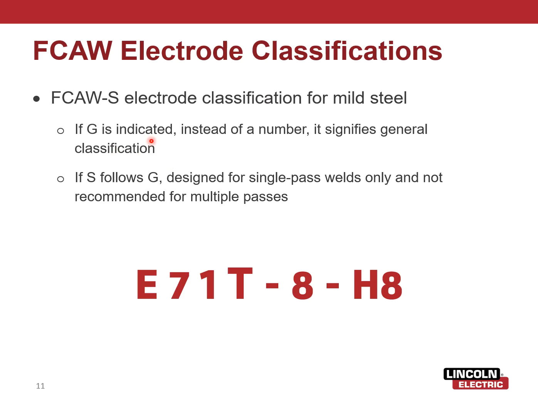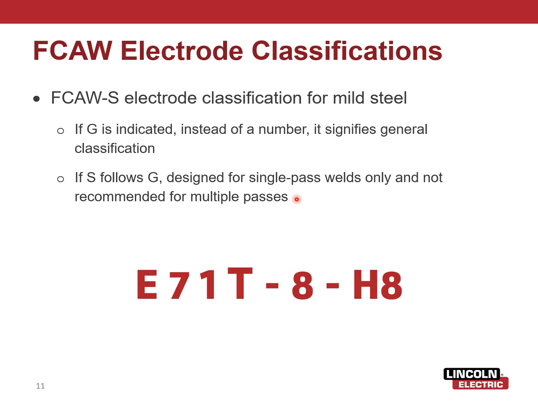If a G is indicated instead of a number, it signifies general classification, which is a broad classification. If an S follows the G, so it might be a GS, that is designed for single pass welds only. Only single pass welds. Some of these wires have a heavy amount of flux or they're large diameter, and some of them are not meant for multi-pass welds.